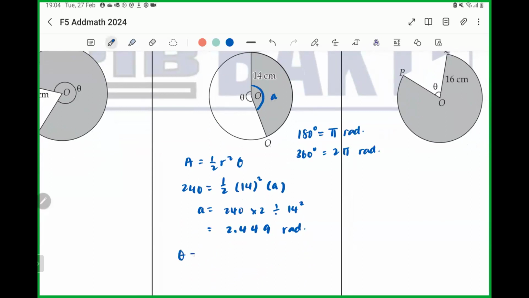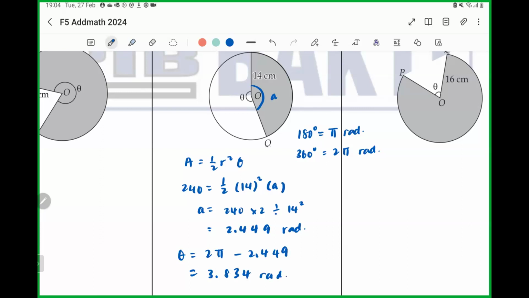So theta will be equal to 2 pi minus 2.449. Then you use your calculator pi, 2 pi minus the 2.44 something. So it should be 3.834. This one is radian.